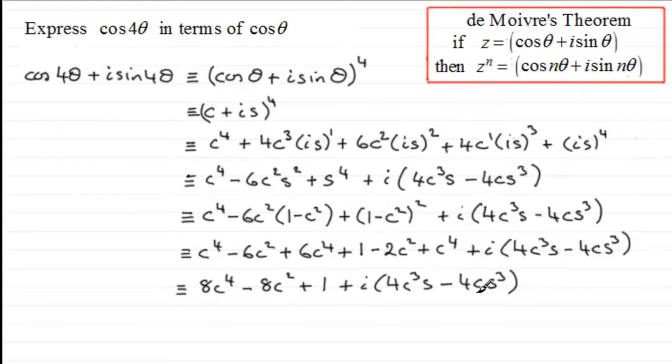Now, I did say earlier that what we were going to do is just compare the real parts. So cos 4 theta is the real part here.